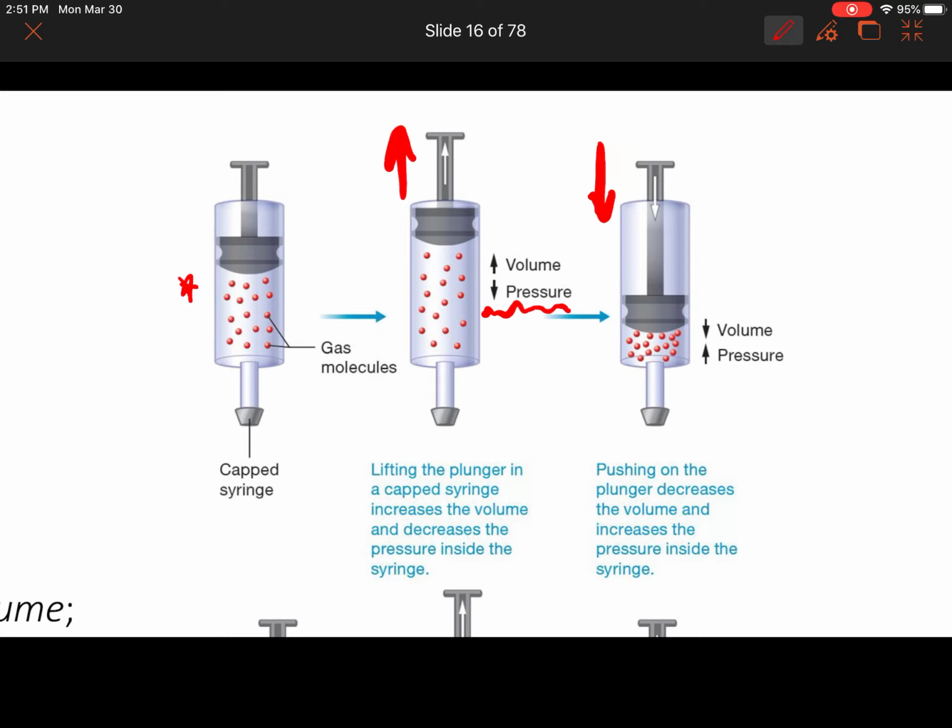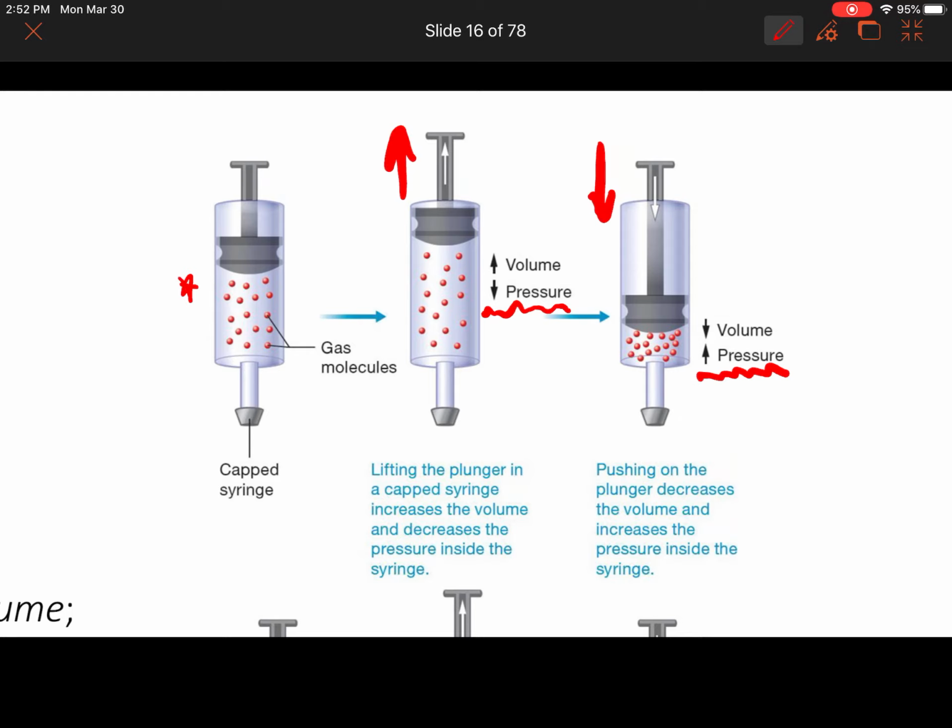And so the gas molecules are forced closer together, and because of that smaller area, the gas molecules are bumping into each other, bumping against the walls at a greater rate. And so overall, that causes an increase in the overall pressure of the gas within its container.